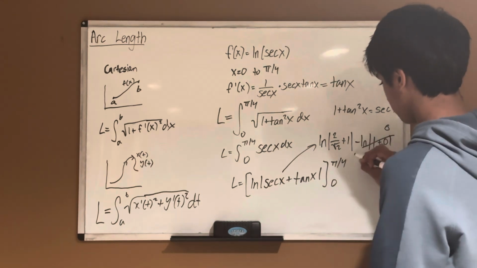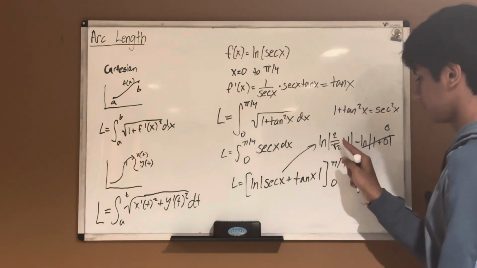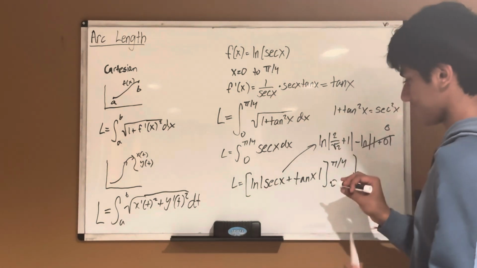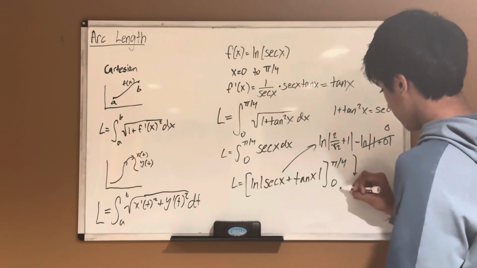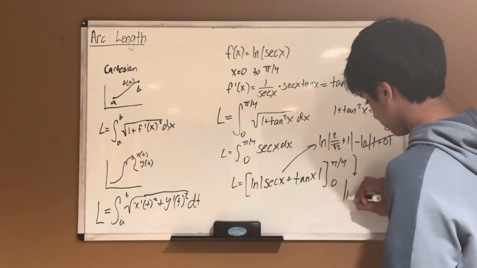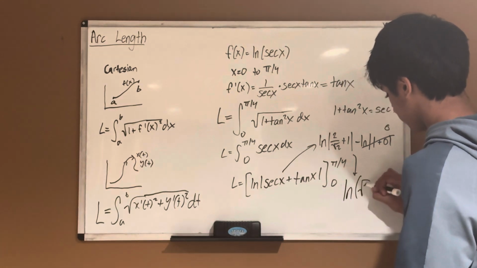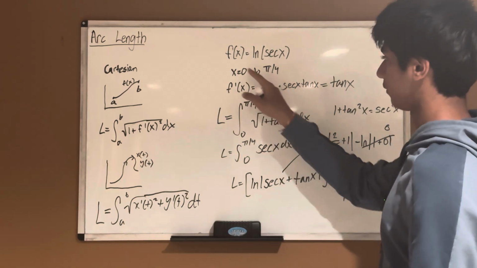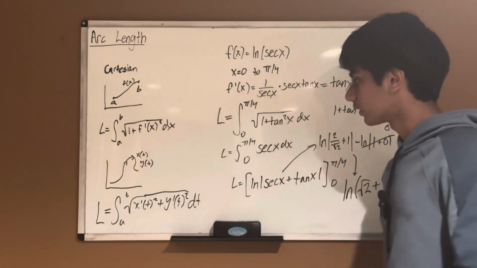So we're left with ln of the square root of 2 plus 1. And that's the arc length from 0 to pi over 4 for f of x.